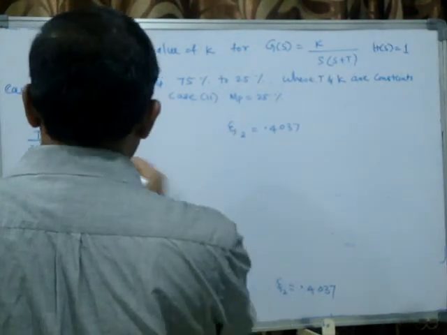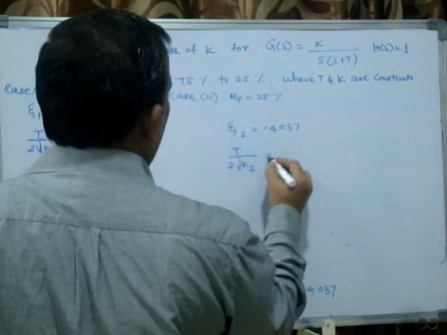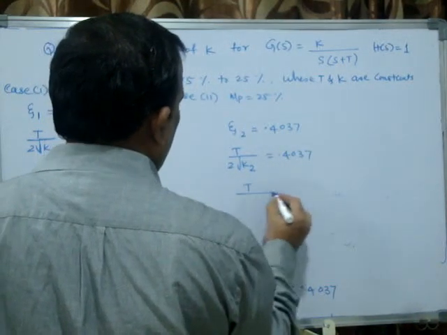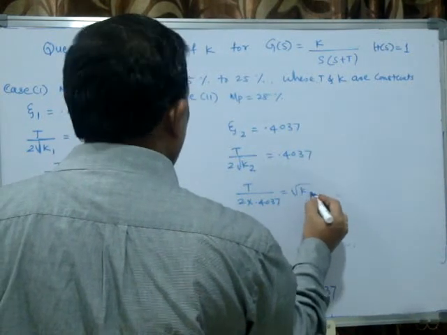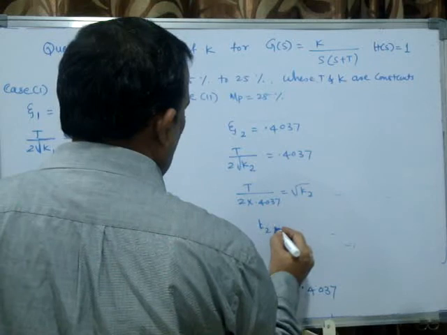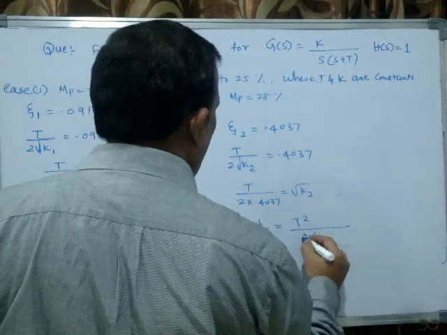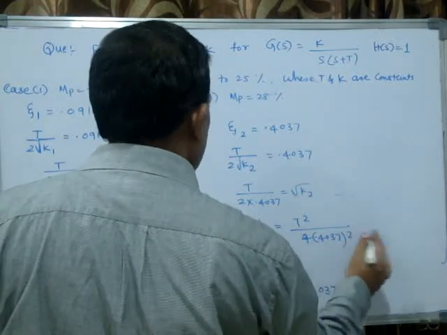The formula we got, zeta is equal to T divided by 2 root of k2. Now T divided by 2 into 0.4037 root of k2, squaring both sides, T square divided by 4 into 0.4037 whole square. This is equation number 2.